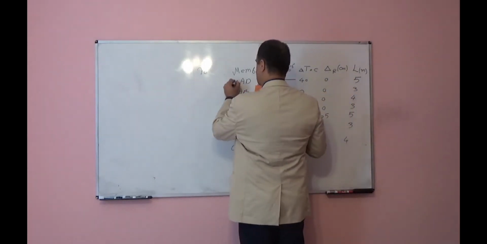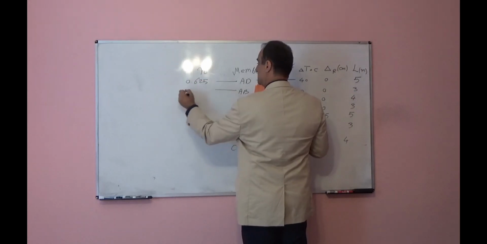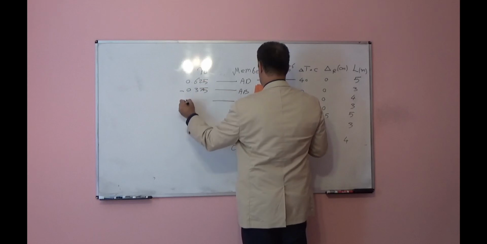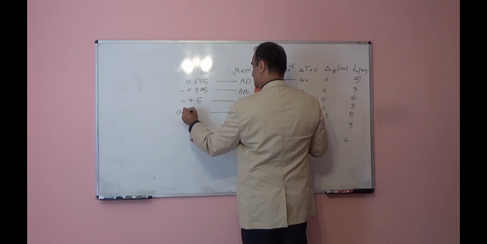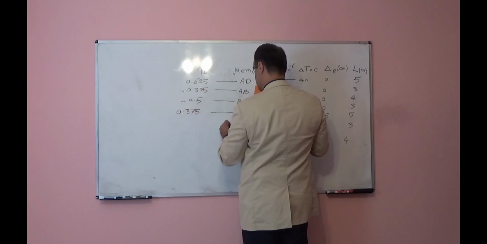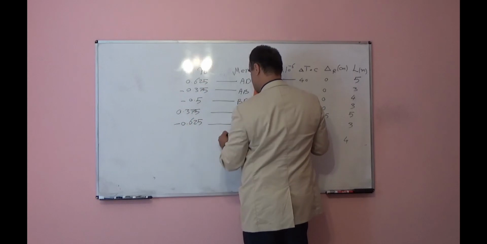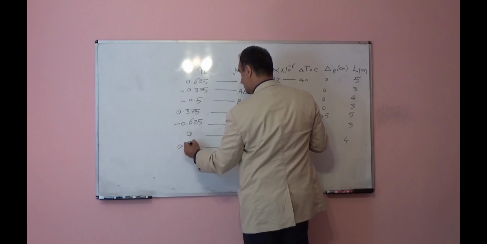It will be 0.625, negative 0.375, negative 0.5, 0.375, negative 0.625, 0, negative 5.